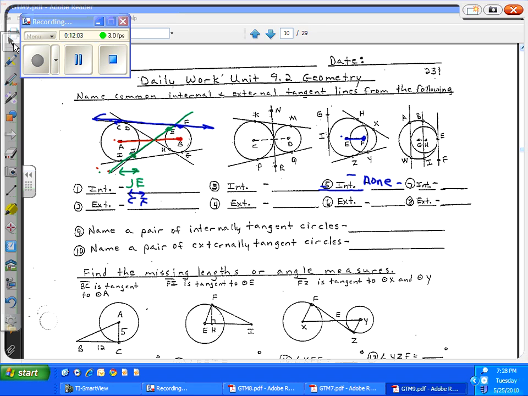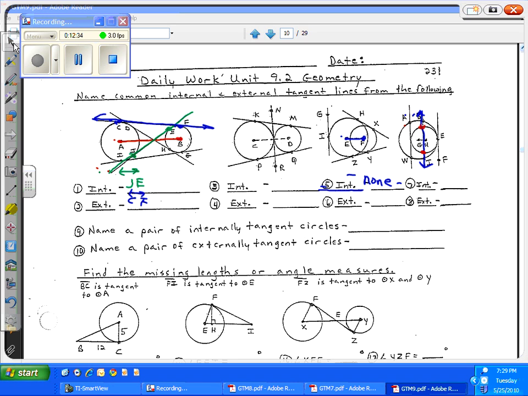In the next picture, with number 7, there is this line that passes through the segment of centers, but is it a common tangent line? Well, it's a what to circle H? Well, it hits it in 2 points. It's a secant.